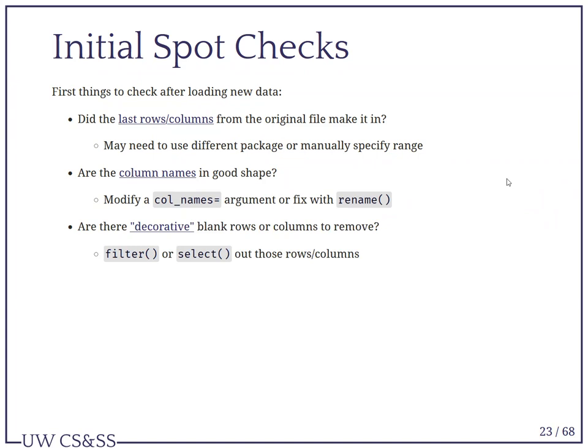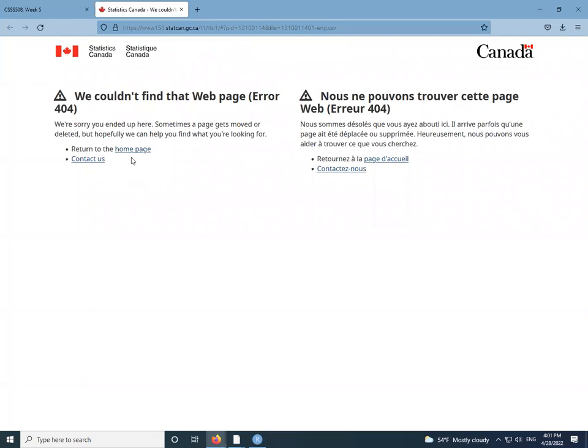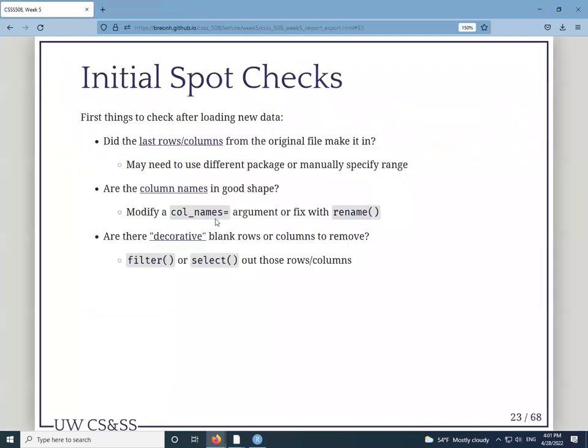The next thing is, are there decorative or blank rows or columns to remove? This is a really interesting holdover to me. For instance, I think that I picked the, oh my goodness, this is a 404. My bad. I'll fix that.